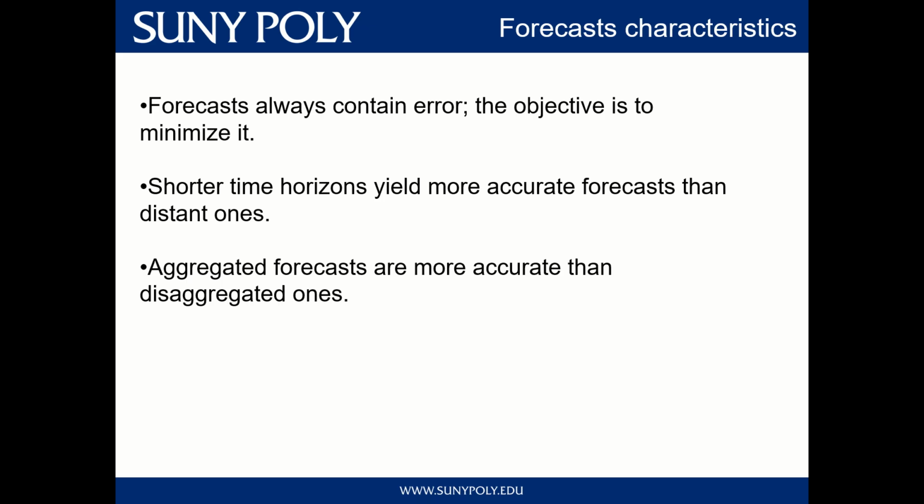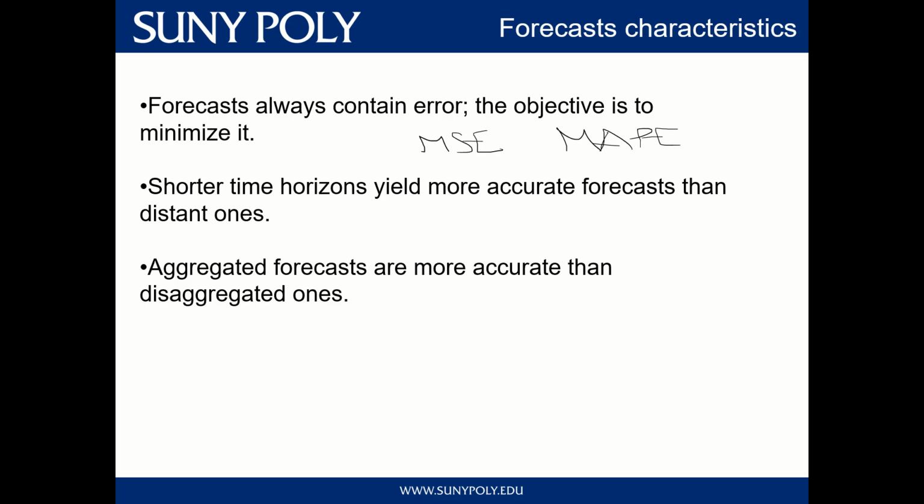So our key idea in general is to minimize the error, and there are different metrics. We will typically use the mean square error, similar to regression models, but also in forecasting, when we're dealing with time series, we use what we call the MAPE.